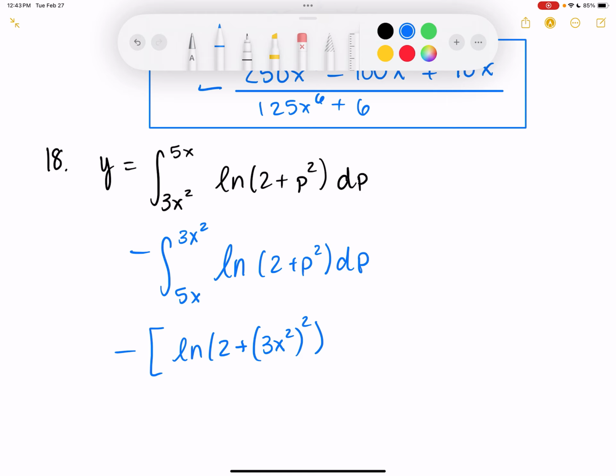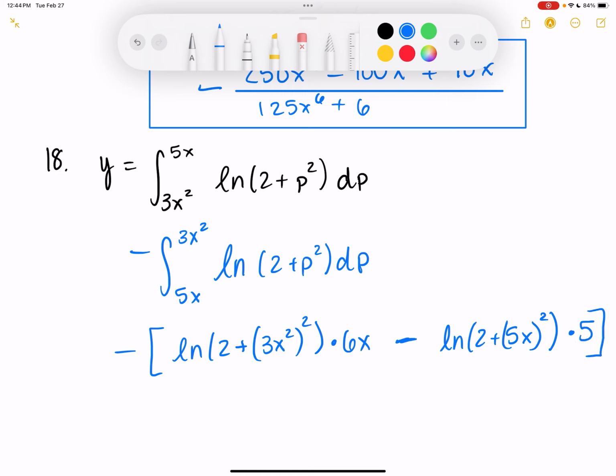Times 6x. Then minus, when we do the bottom dimension, since they both have one, we're going to replace here. So this would be the ln of 2 plus 5x squared times, what's the derivative of 5x? 5.